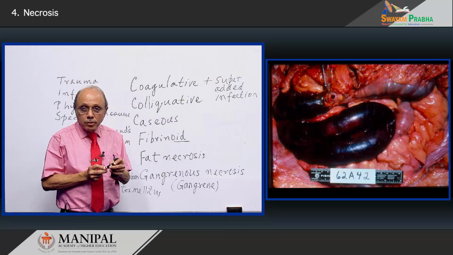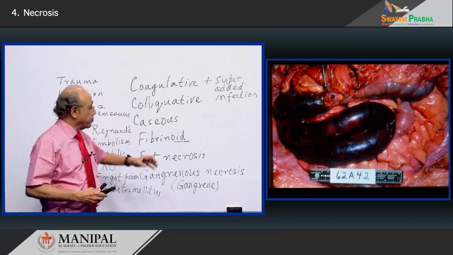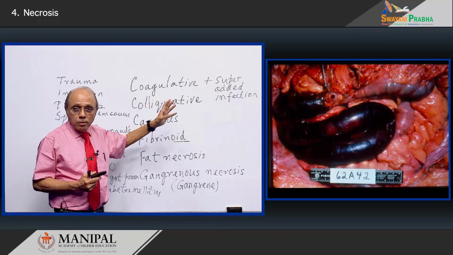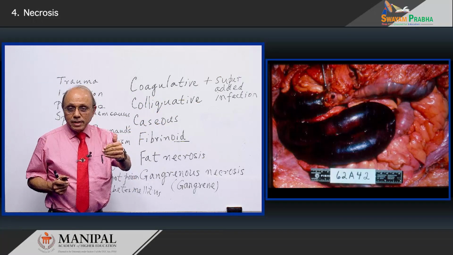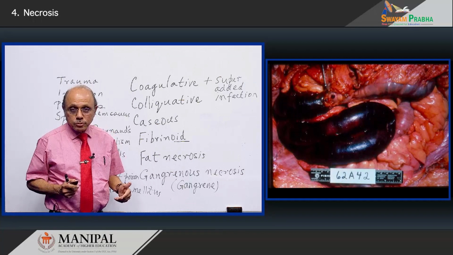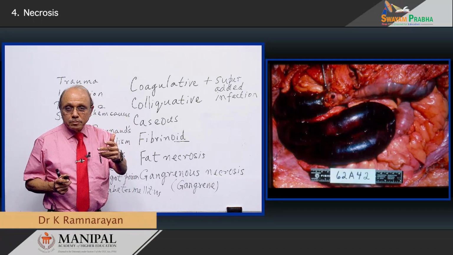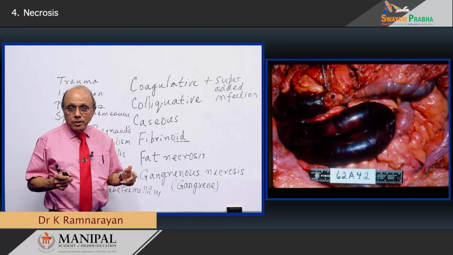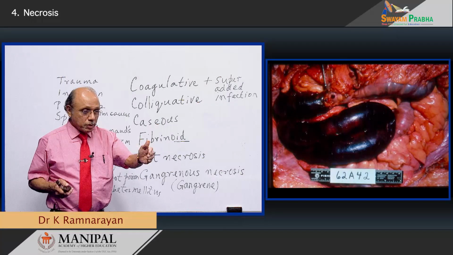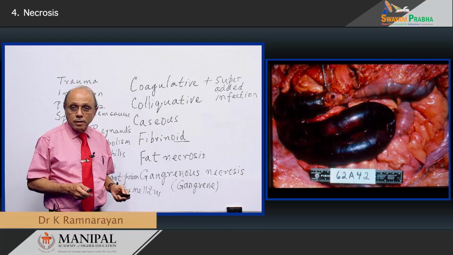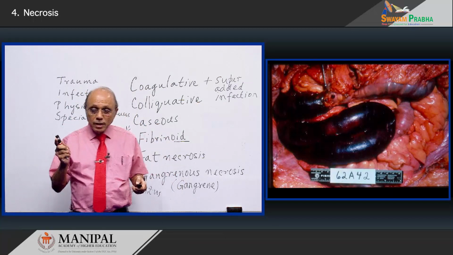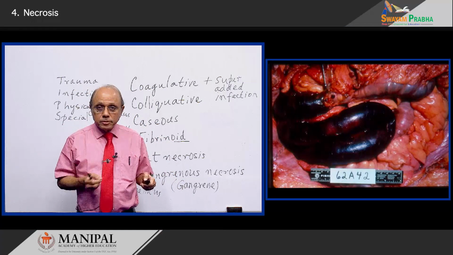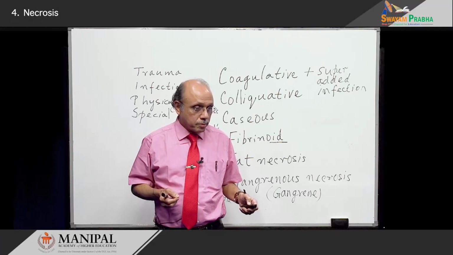We have looked at different types of necrosis. I have not gone into those things which you can easily find in the books. I haven't made an attempt to define necrosis. I have tried to expose you to those things which will make you think about the clinical application, the clinical importance of necrosis.